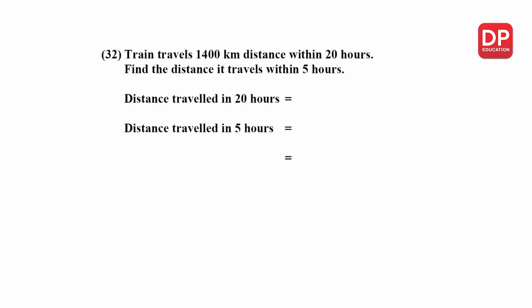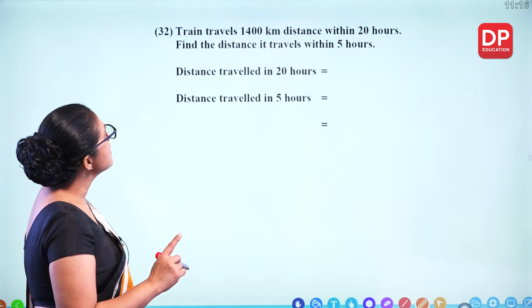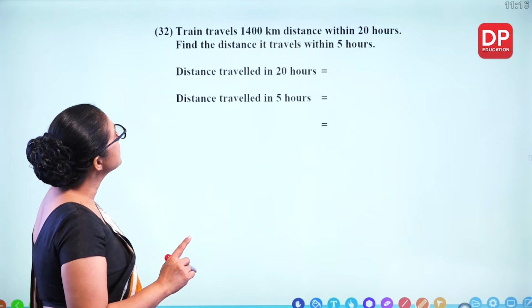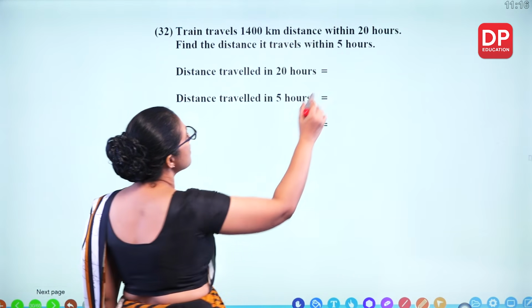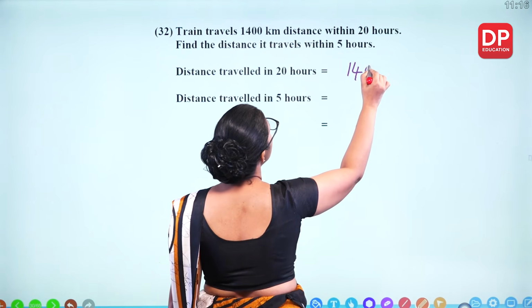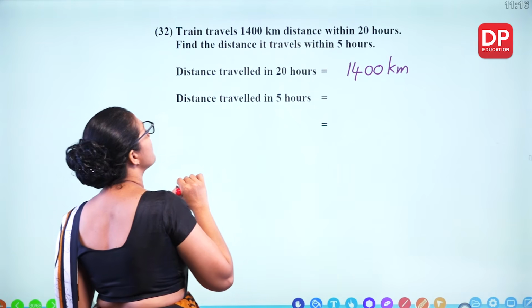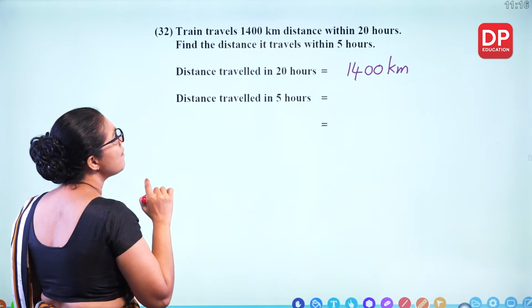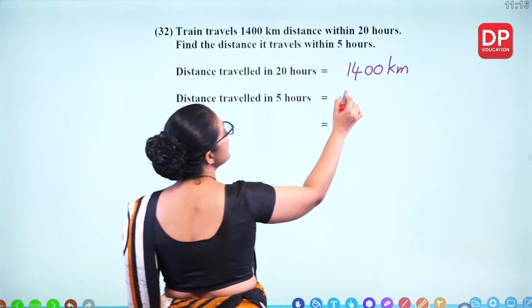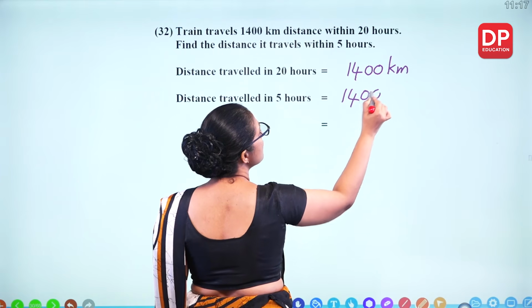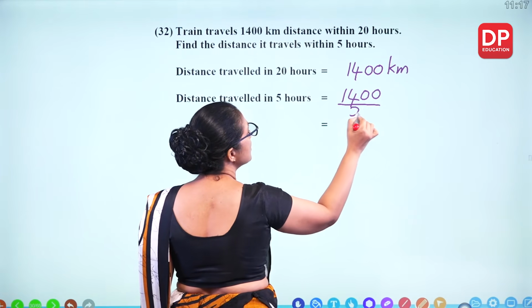Train travels 1,400 kilometer distance within 20 hours. Find the distance it travels within 5 hours. So what's the distance traveled in 20 hours? 1,400 kilometers. Distance traveled in 5 hours. So first you can find out distance traveled in 1 hour.